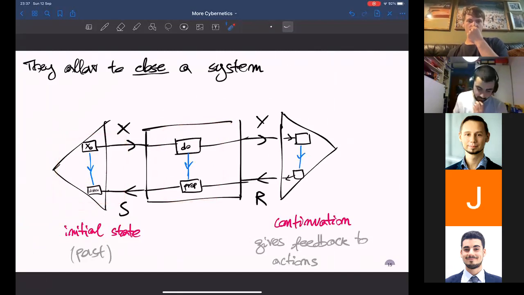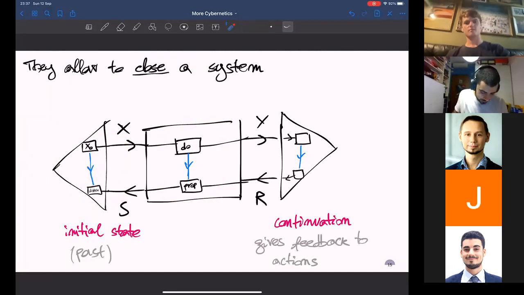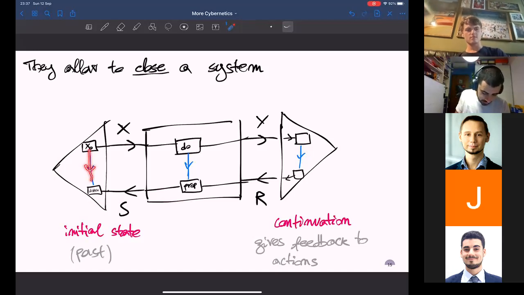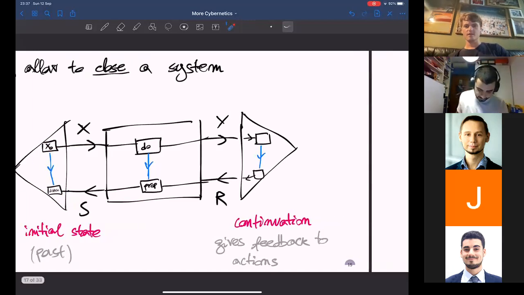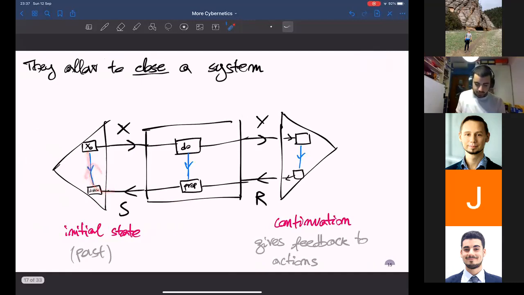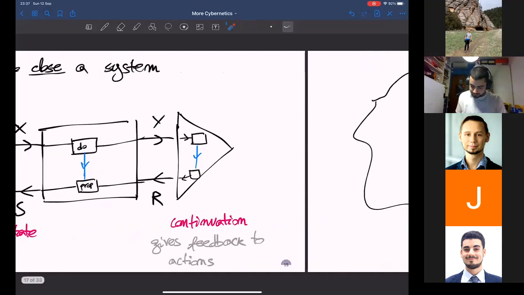We can talk later about wires that actually go up, which are really interesting to have. But this is storing something from the initial state. It's like I give you an X and I memorize something. And then I use that something I memorized to actually do this disposal of feedback. Okay, thank you. So this doesn't close the loop, which would be nice to have indeed.